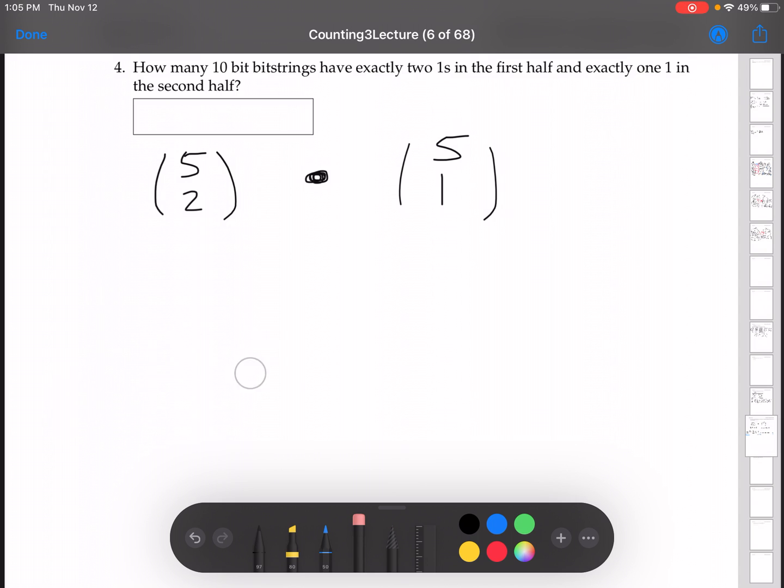I just want to illustrate that this is something we could compute relatively easily without even having to go to that formula. 5 choose 2, remember, is like you have, let's say, 1, 2, 3, 4, 5. You have these 5 nodes, and we draw edges between them to indicate that they're in the same set.